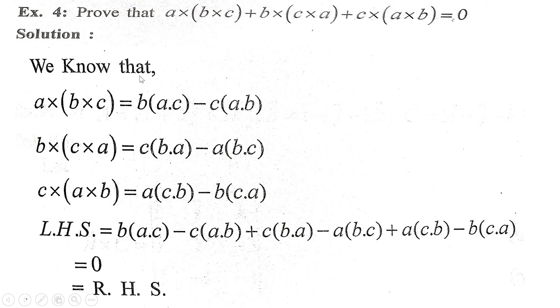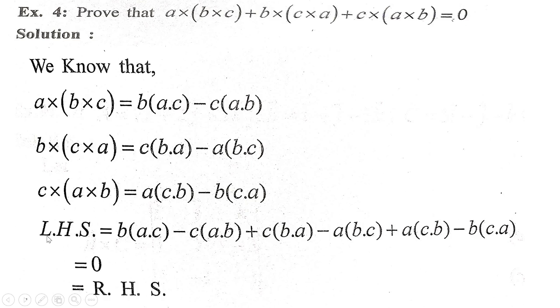So we know that a bar cross b bar cross c bar equal to b into a dot c minus c into a dot b. b bar cross c bar cross a bar equal to c into b dot a minus a bar into b dot c, and c bar cross a bar cross b bar equal to a into c dot b minus b into c dot a.